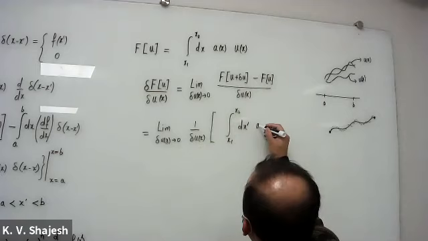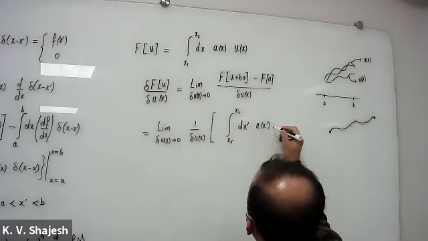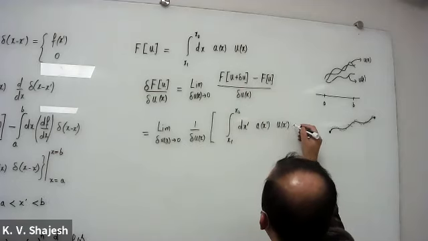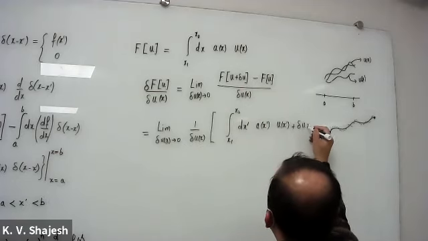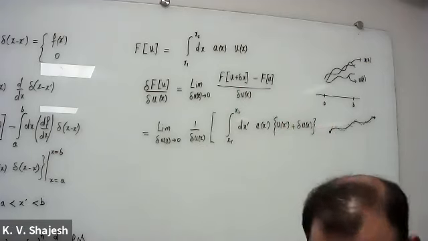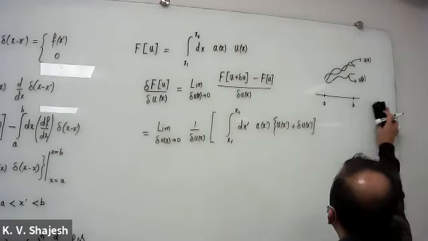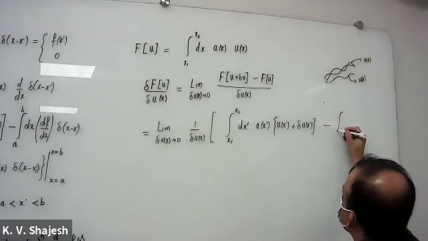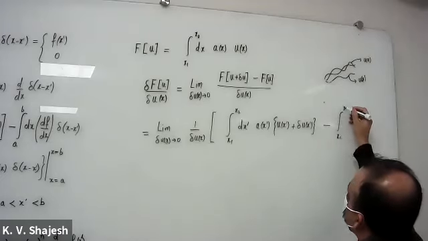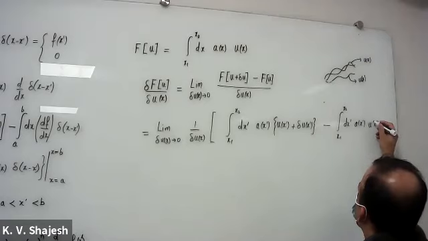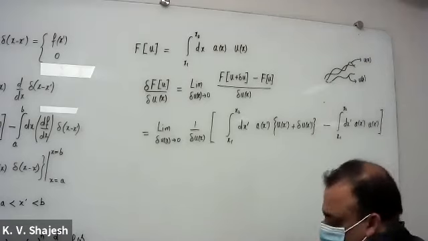So this is dx prime, a of x prime, times u of x prime plus delta u of x prime. That's a change in the function, and then I have to subtract it out. So it's the integral from x1 to x2 of dx prime, a of x prime, u of x prime.